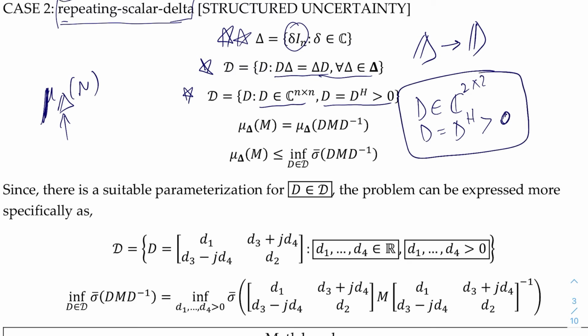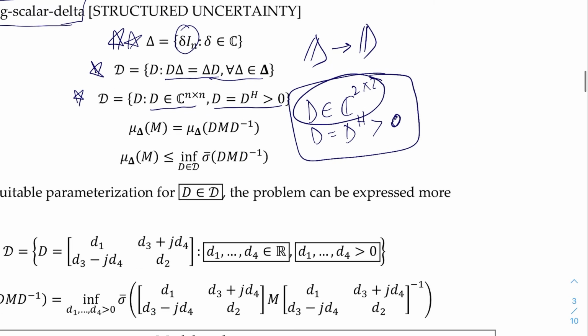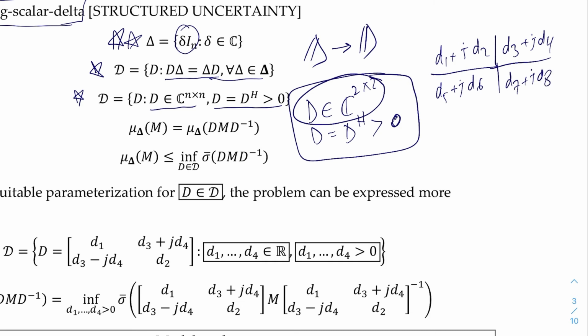Okay. And okay, let's recall what Hermitian means. First of all, if we only have this type of constraints, and 2 by 2, we would write something like this: d1 + j d2, d3 + j d4, d5 + j d6, d7 + j d8.